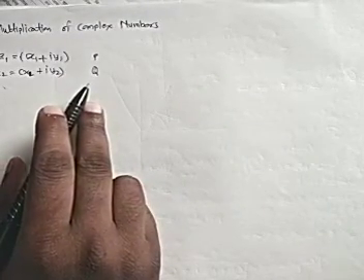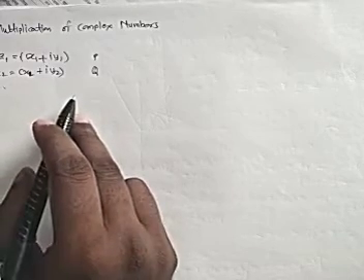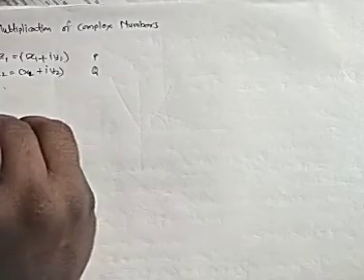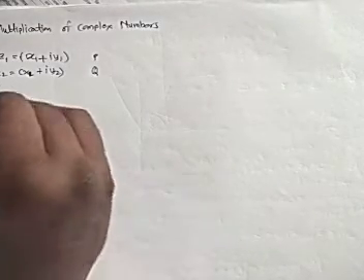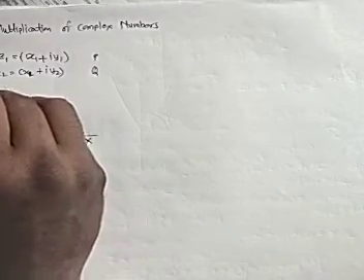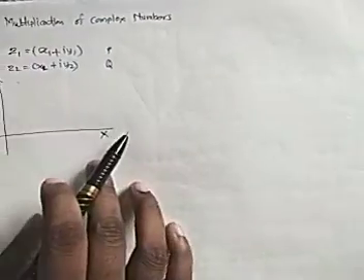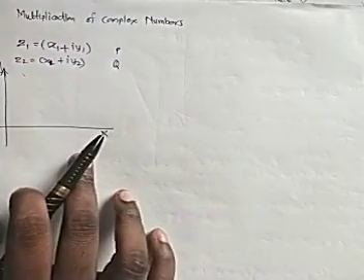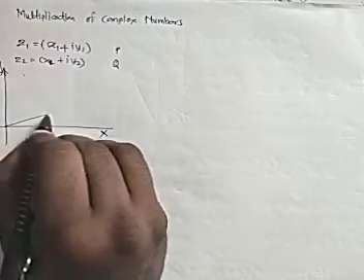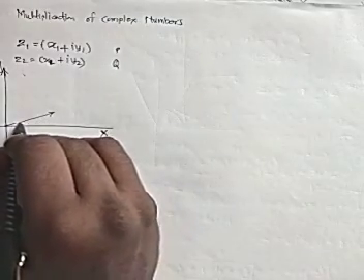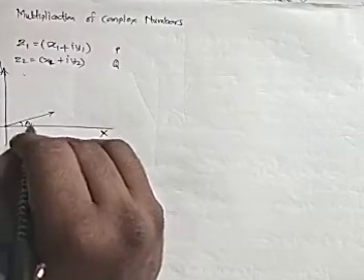In a reference diagram, we can see a Cartesian coordinate system in which x is the real axis and y is the imaginary axis. Then the point P is here with the angle theta 1.